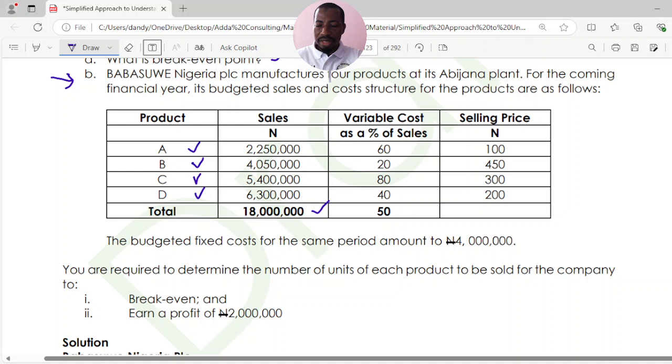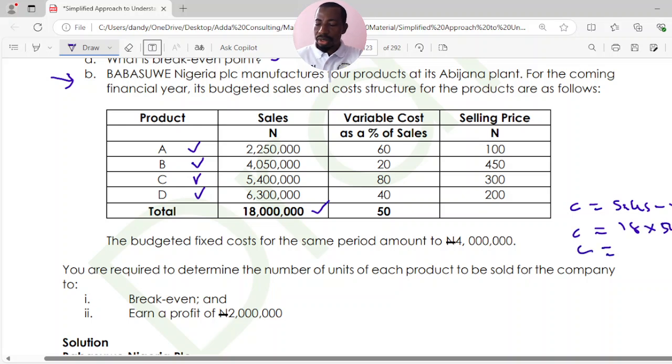So if 50% is variable cost, then 50% will be contribution. Remember, contribution is equal to sales minus variable cost. So if sales is 18 million, and I'm given variable cost to be 50% of sales, that means my contribution is equal to 18 million multiplied by 50%.